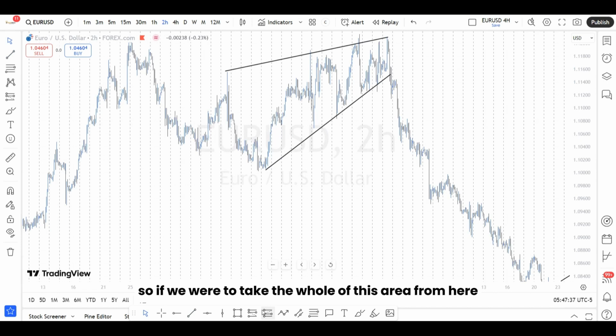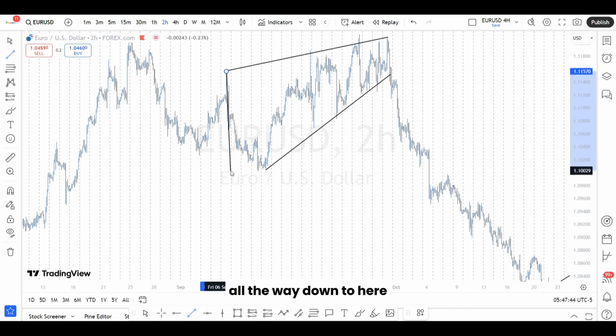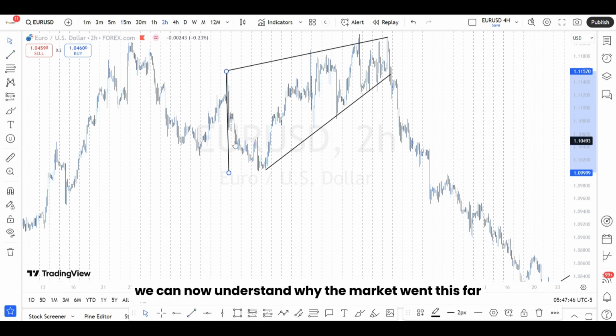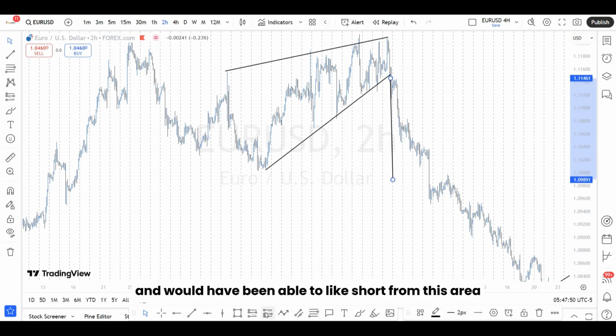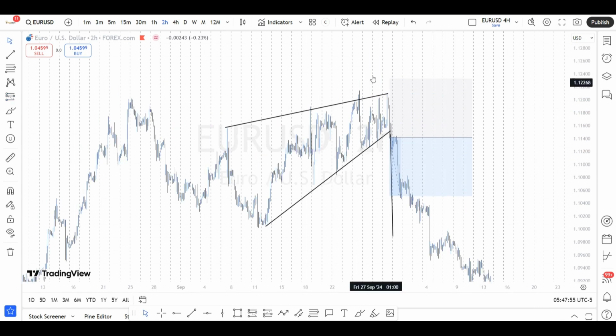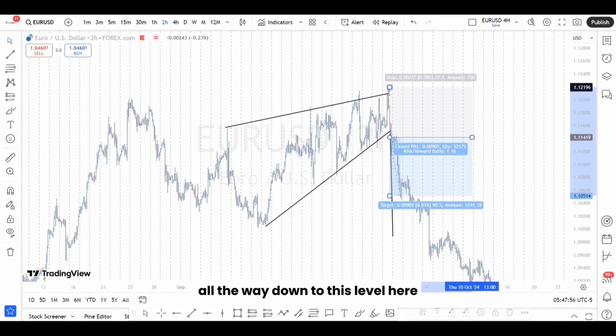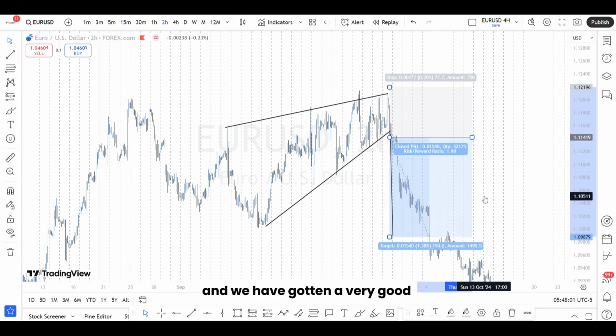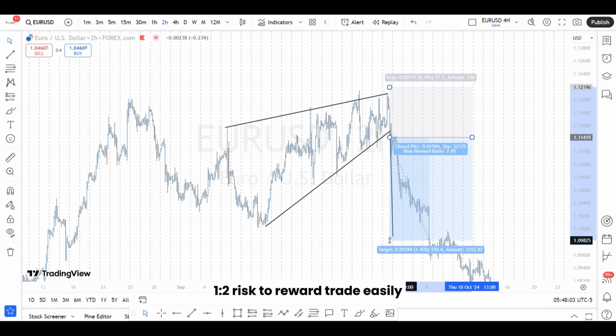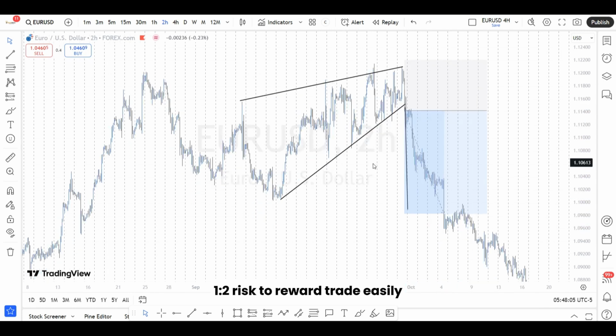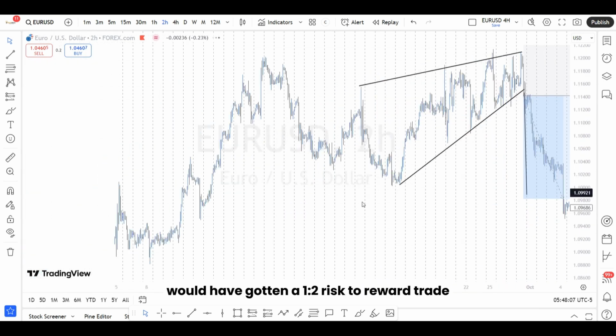So if we were to take the whole of this area from here all the way down to here, we can now understand why the market went this far when it was selling, and we would have been able to short from this area all the way down to this level here, and we would have gotten a very good 1:2 risk to reward trade easily.